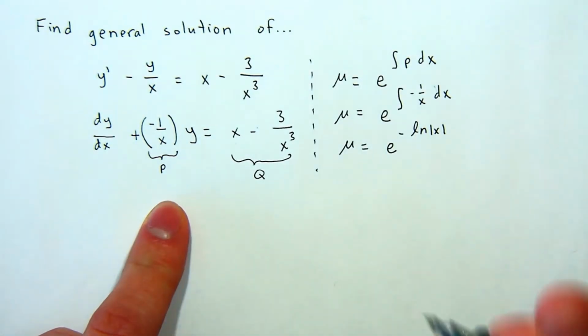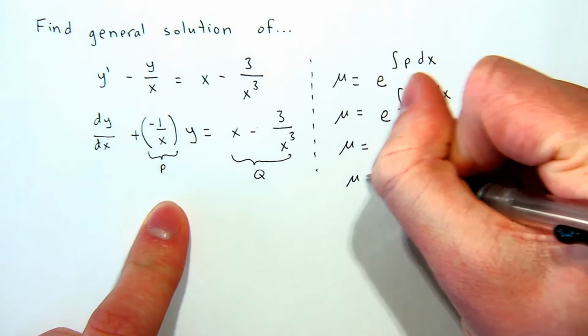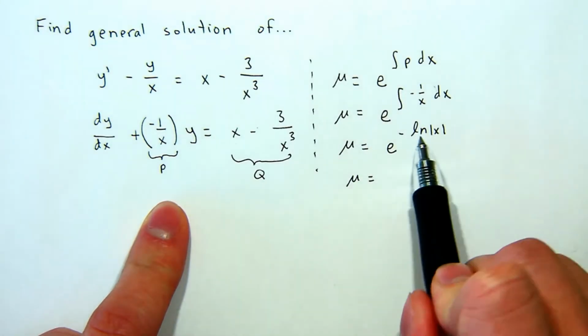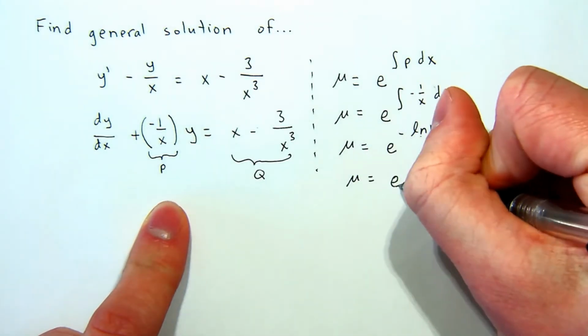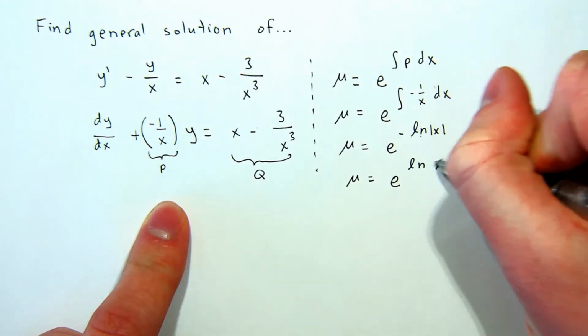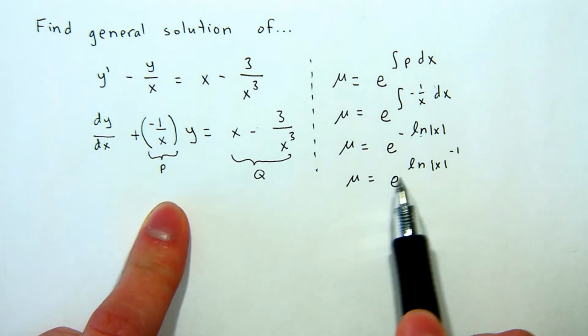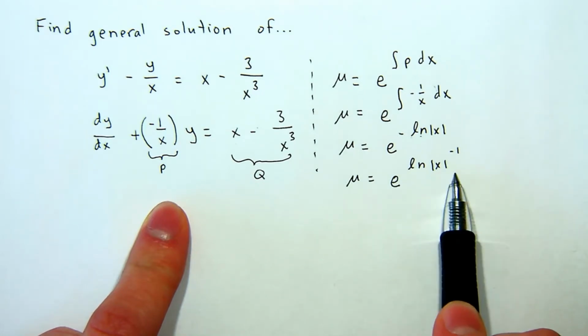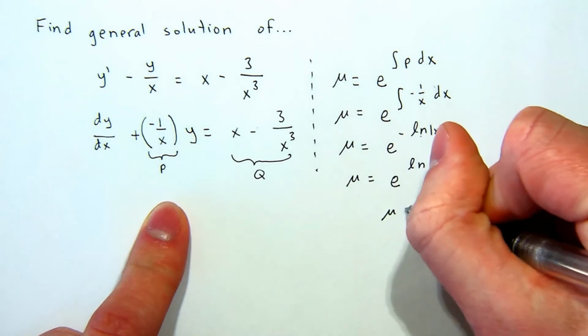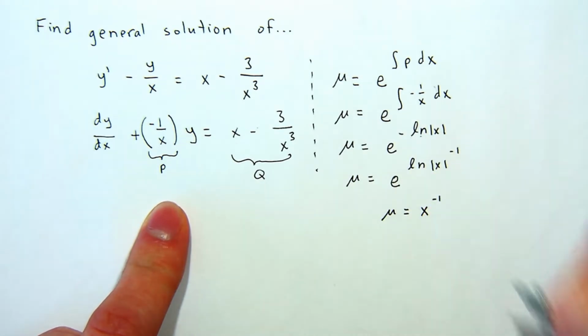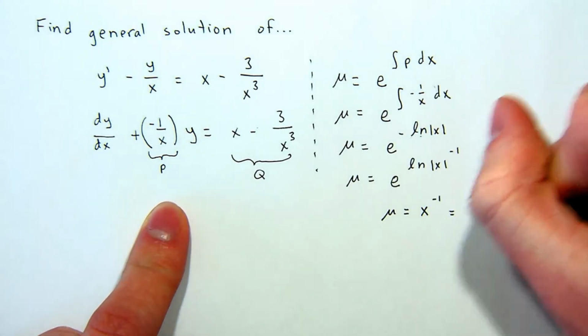And then we can further simplify this. e to the minus ln x is equal to e to the ln x to the minus 1. And then the e and the natural log cancel out. So what we're left with is mu is equal to x to the minus 1, which is equal to 1 over x.